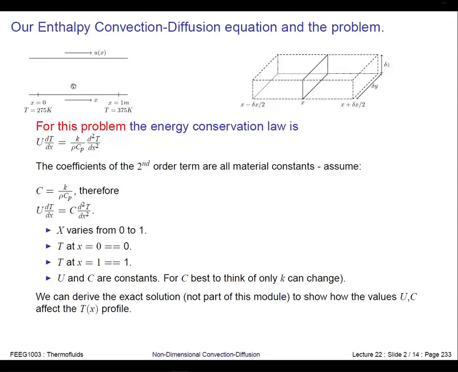So physically what's happening here is convection is blowing cold fluid into the domain from left to right, and diffusion is spreading hot fluid from the right to the left. And so the temperature profile in the middle of this domain between x equals 0 and x equals 1 will be a function of the relative strength of the convective and diffusive flow of energy.